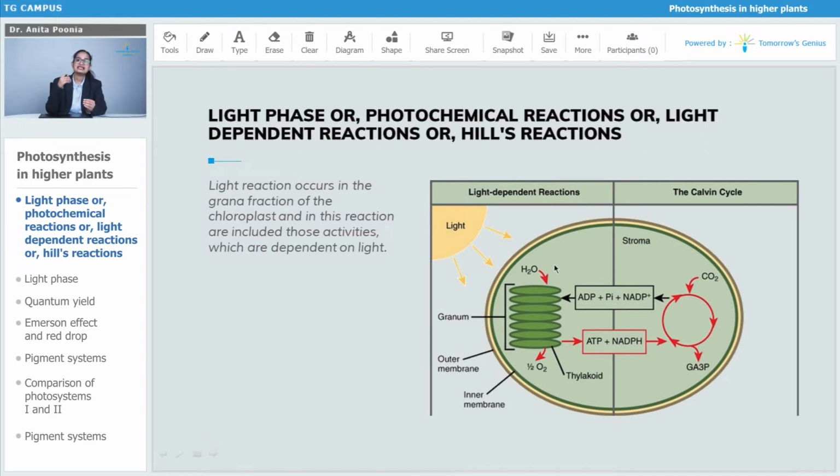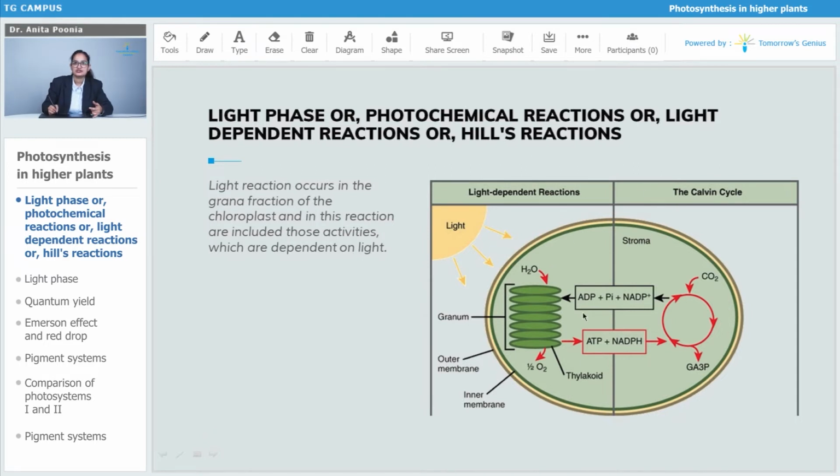Meaning, if there is no light, these reactions will not take place. So the light dependent reaction is the light reaction.